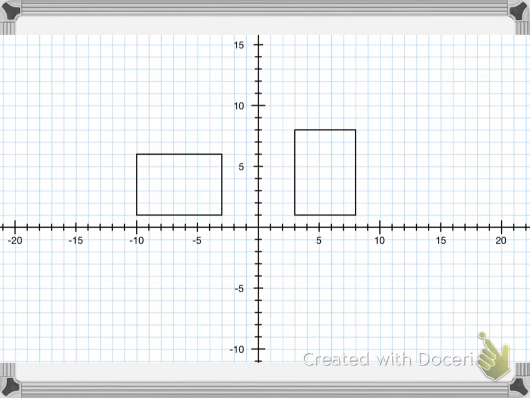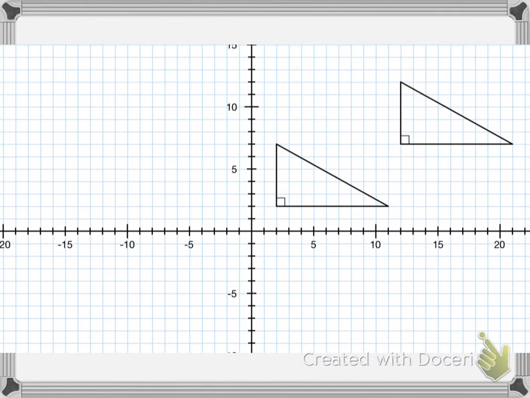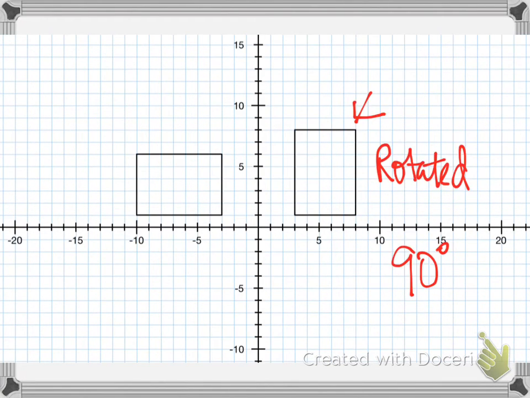In this question, you are being asked, did this original rectangle get rotated? And if so, by how much? And the answer is, it did. And it got rotated 90 degrees. And that is done by basically spinning this around.